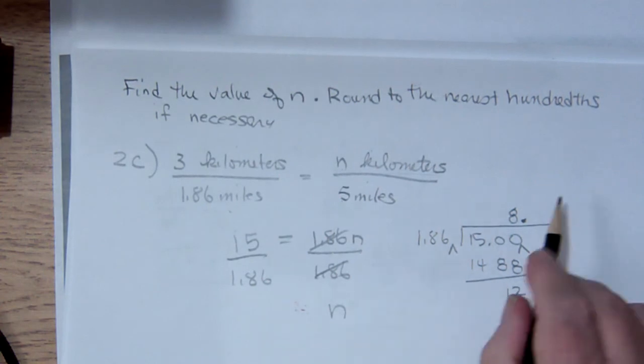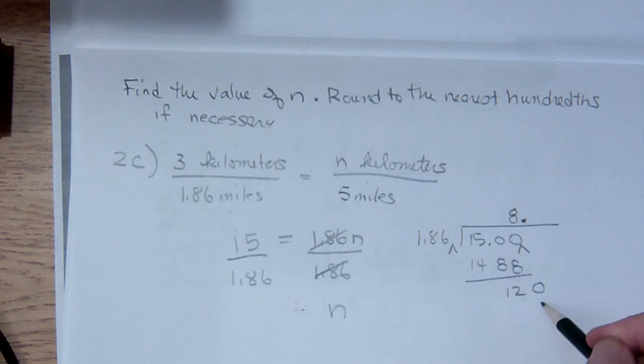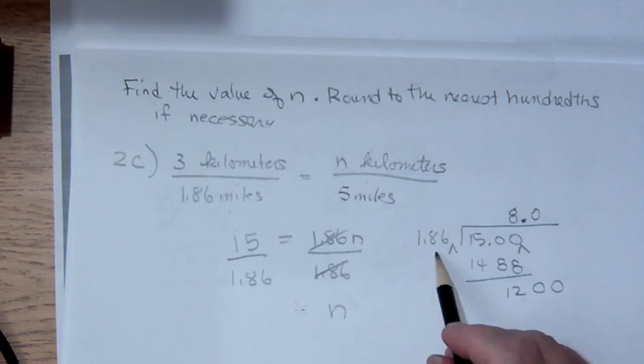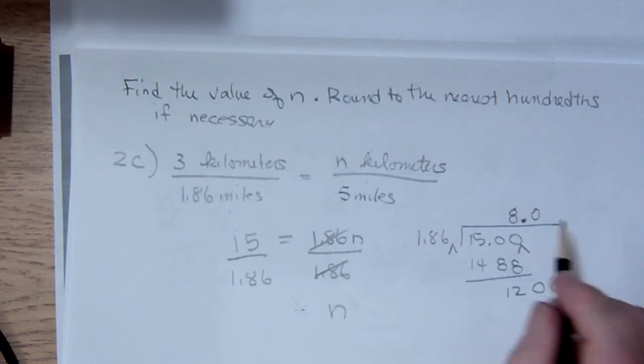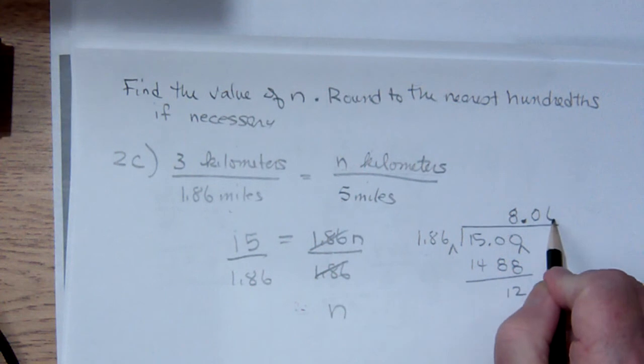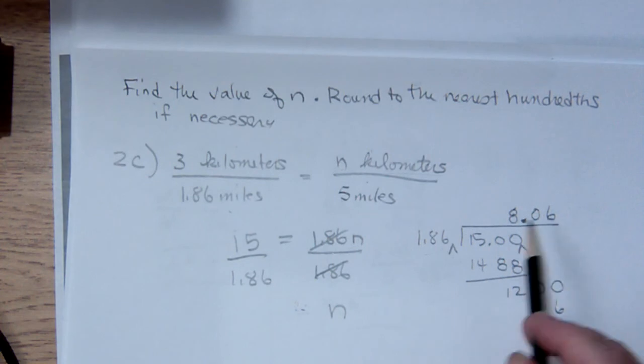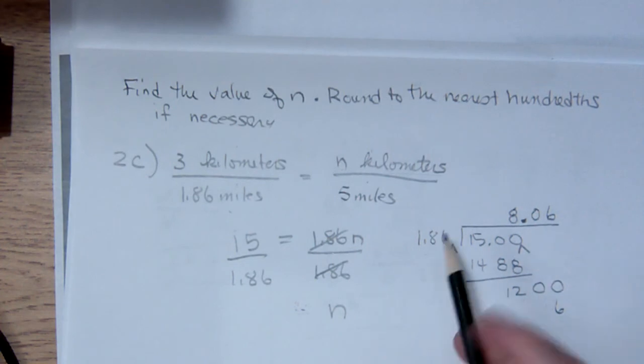It doesn't go here at all. 186 will not go into 120. So I have to put a 0 and bring down another 0. And now I will say how many times does this go into this, and I'm going to say 6 times. Let's try that. 6 times 6 is 36. Put down the 6, carry the 3. This is 48, and 3 is 51.